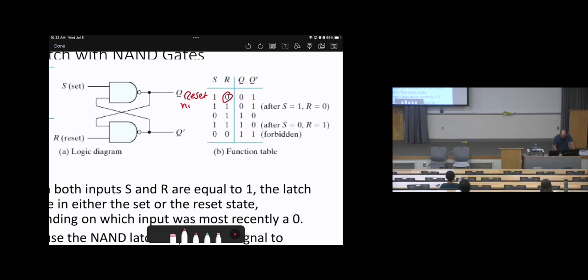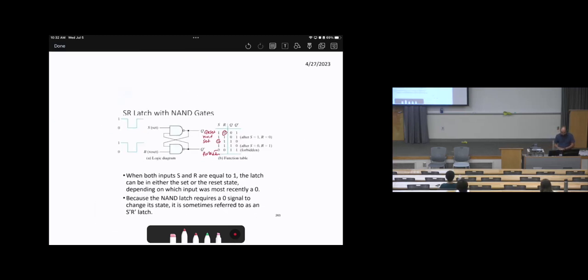Here is hold. Because S is 0, we are in set. Here is hold, this is forbidden. Or undetermined or indefinite, no matter what it is. So, this is a status that we don't prefer or we don't want. So active low is the opposite of what we used to deal with.